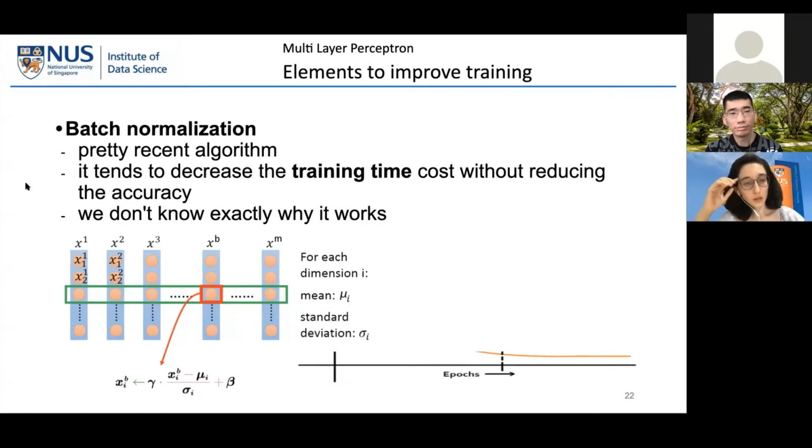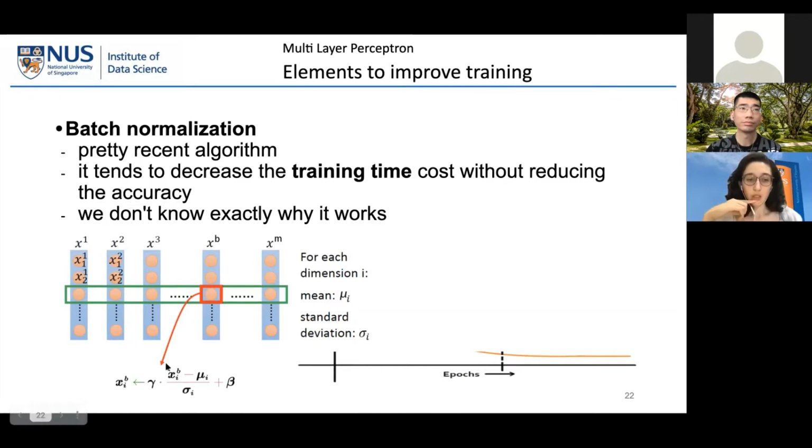So something that is quite recent and can be quite interesting to decrease the training time is to do batch normalization. So the idea is that for each batch, so here you have a batch of M samples, right, described by several features.